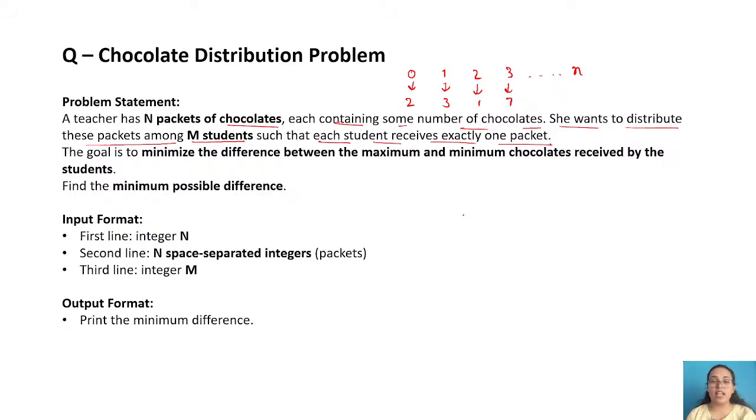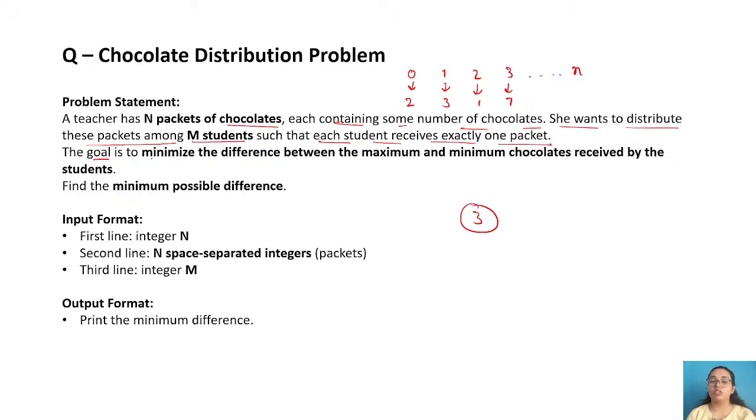For example, if there are three students, I have to distribute three packets among them, meaning every student is going to get exactly one packet. So out of n packets, I have to distribute three packets if there are three students.